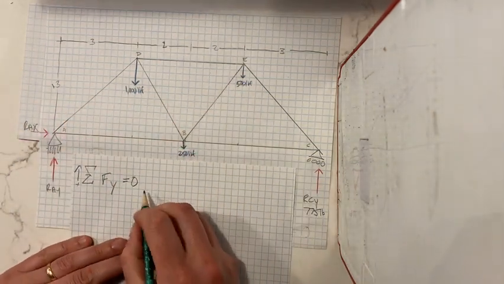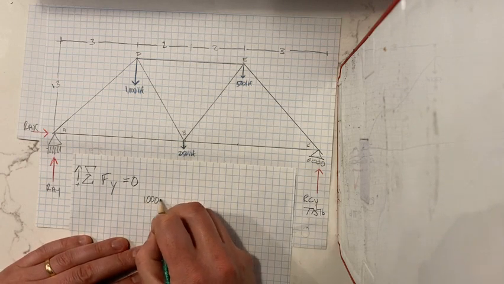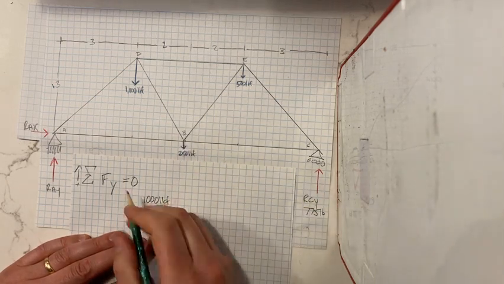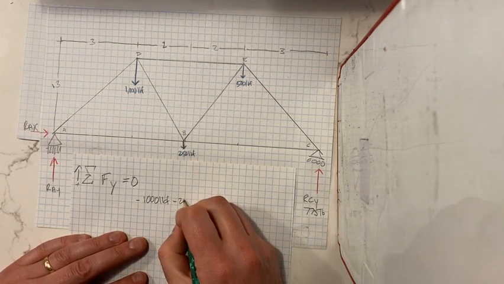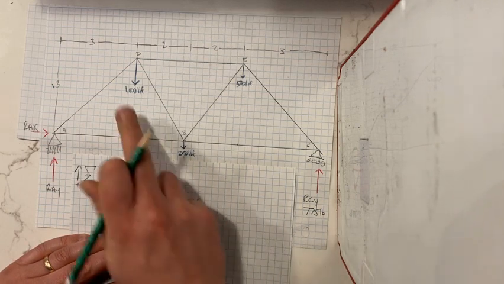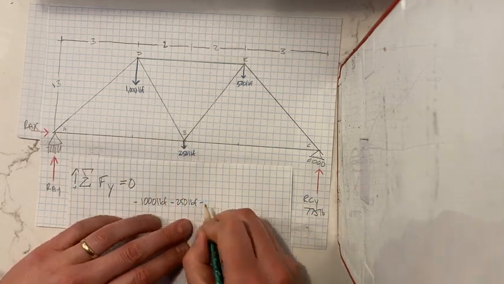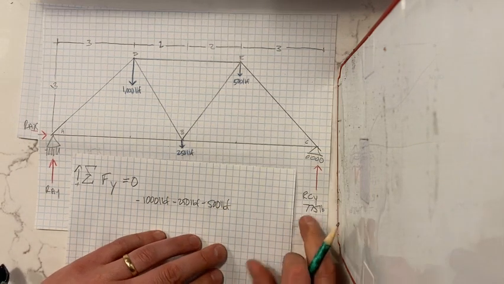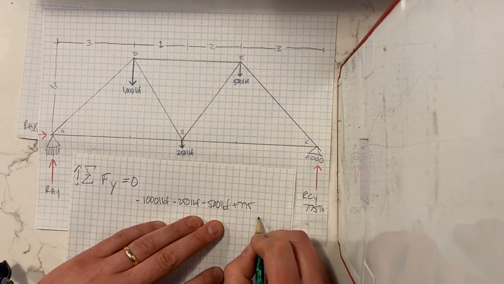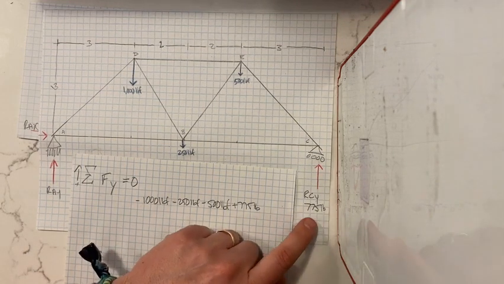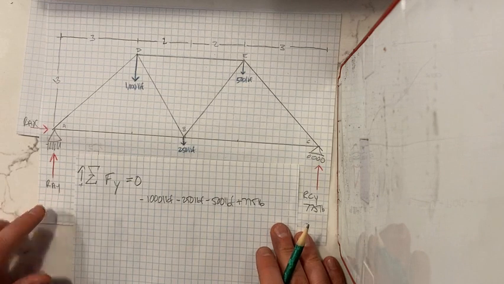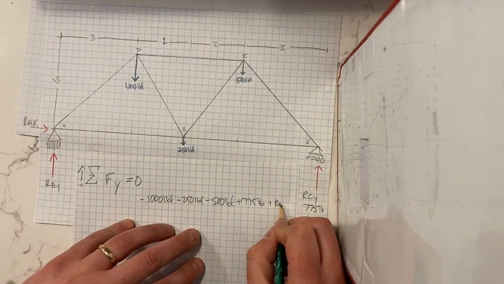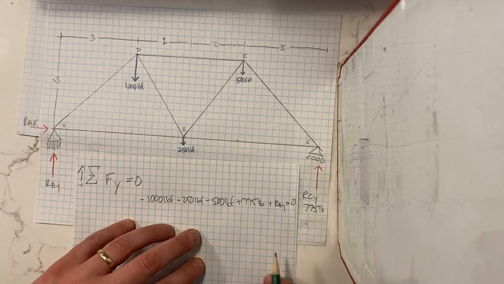So that's going to be negative 1,000, and this is a negative, by the way, negative 250, negative 500, plus 775, because that's the one that we just solved for. And then I don't know what that is yet, so I can say plus RAY, and that's all going to equal 0.